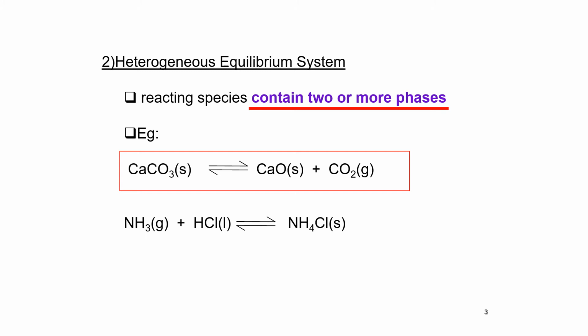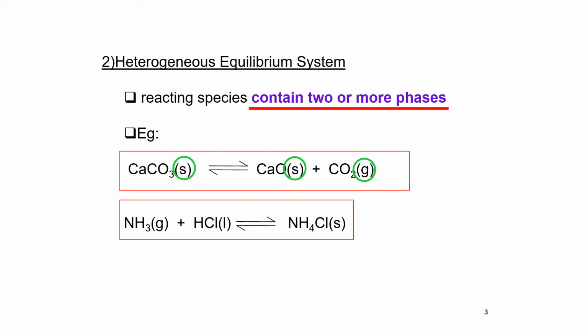Look at the phase of the product calcium oxide, solid also. Can they be considered as homogeneous equilibrium system? No. Look at the last product, carbon dioxide. Carbon dioxide is present as gas phase. So, more than one phase is present. The reaction is heterogeneous equilibrium system.